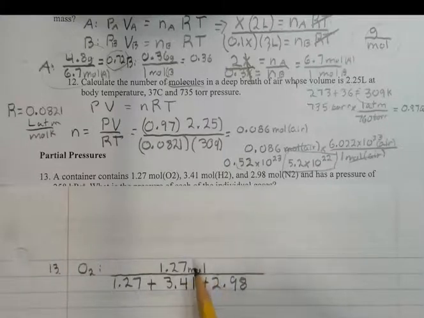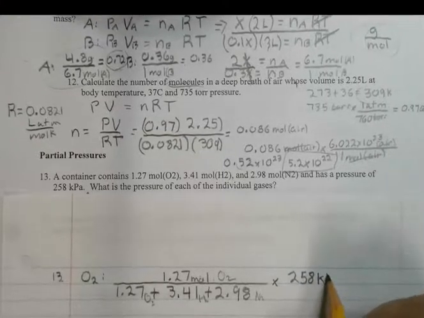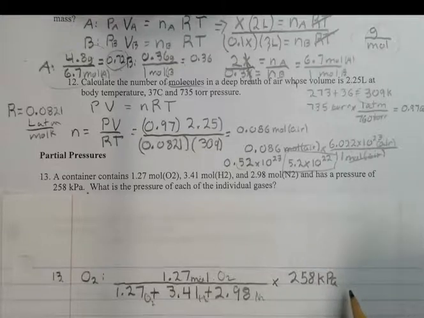So this is going to be the fraction of all of the gas, number of moles of gas, that oxygen has. This is the O2, this is the N2, this is the H2, and this again is the O2 here. So if I take the mole fraction of oxygen to the total gas, and multiply it by the total pressure of the gas, which is 258 kilopascals, that's going to give me the portion of the pressure contributed by oxygen.